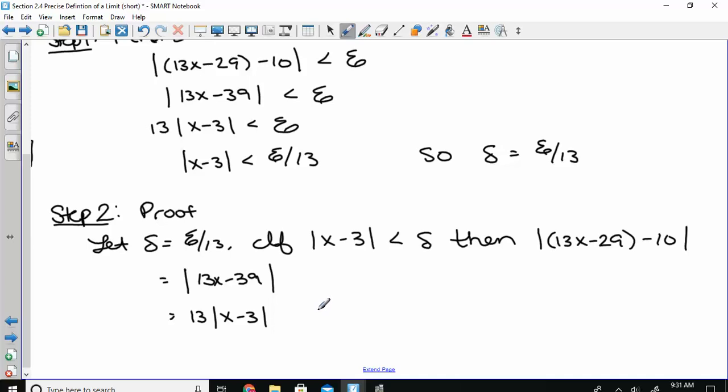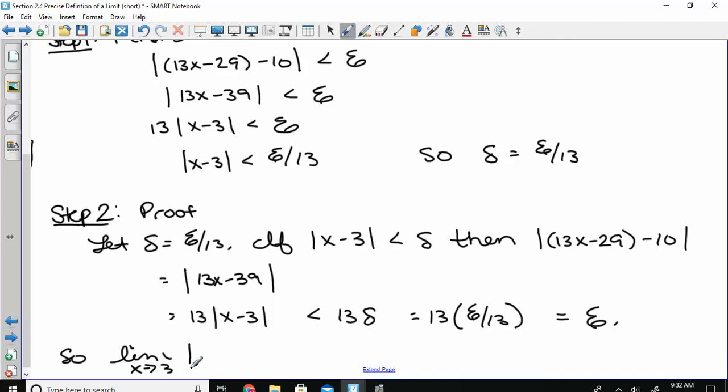But I already said that x minus 3 is less than delta. So 13 times the absolute value of x minus 3 is less than 13 delta. So I've got my less than in my problem. Now all we need is to get the epsilon. What can we do at this point? Plug it in. We already said delta was epsilon over 13. So it's epsilon. And we're done.